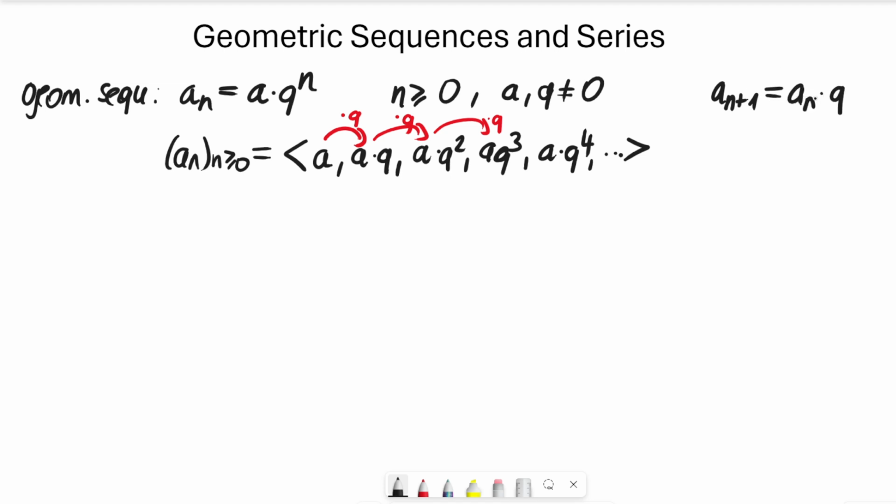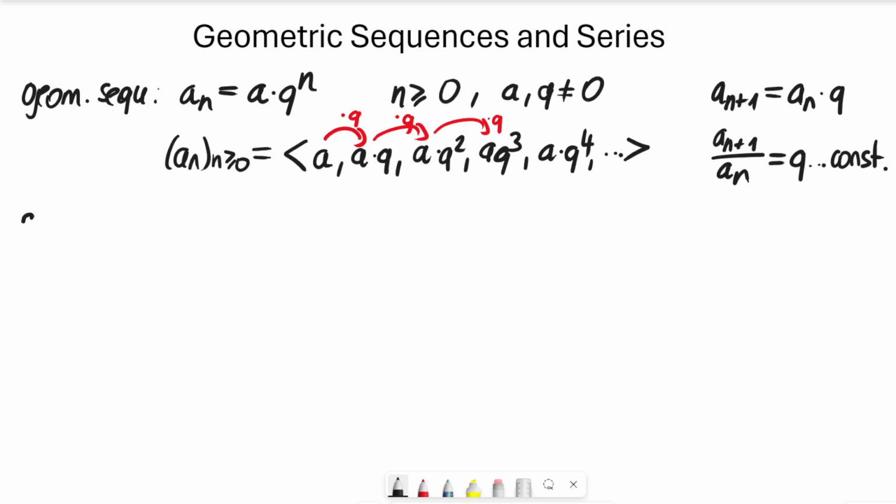And actually, if you divide the next by the current term, it is q, and it is constant. So this means you always multiply by q. So this is all about the geometric sequence.